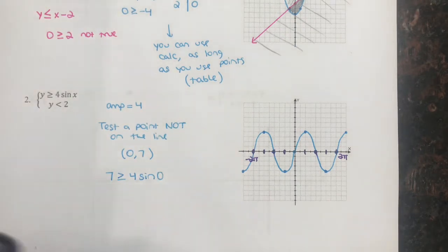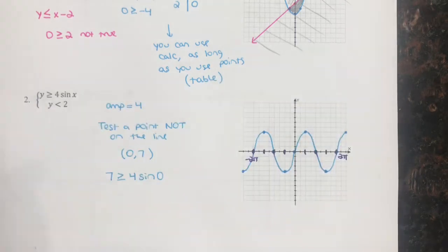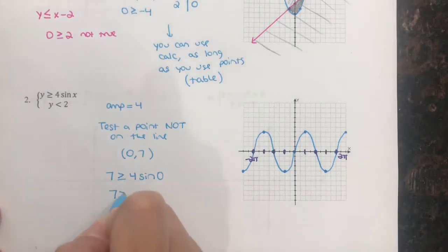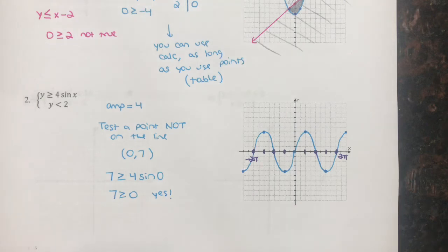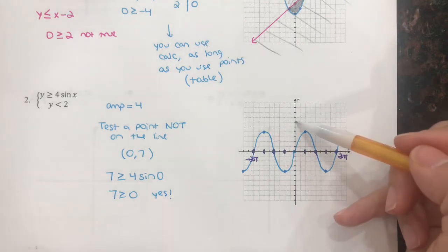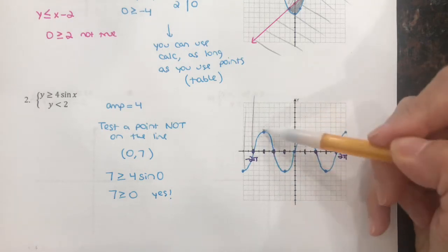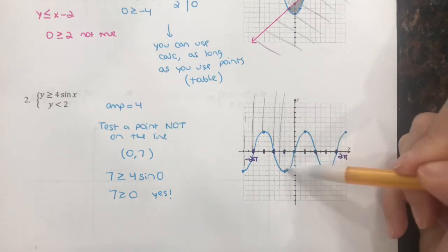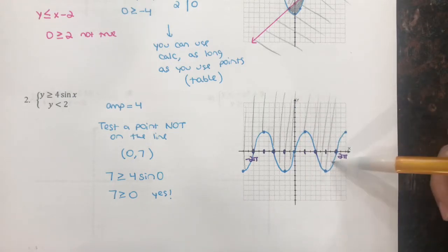This is where your calculator is going to come in again. So I'm going to do 4 sine 0, and I end up with 0. So I have 7 is greater than or equal to 0, which, yes, is true. That means that my shading is going to be above this whole curve. Anywhere on the curve, so just basically above the whole line.